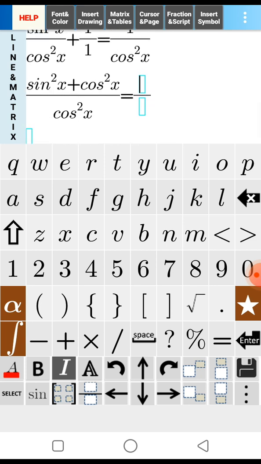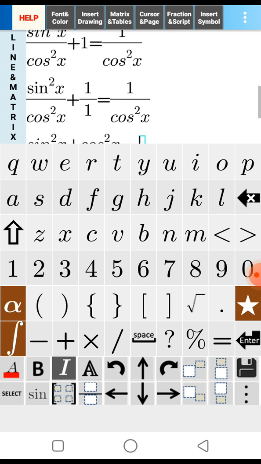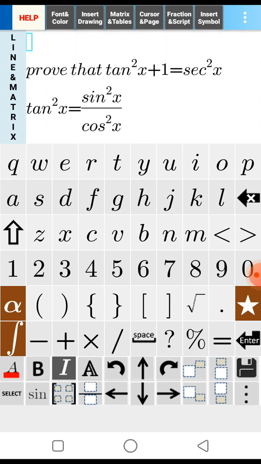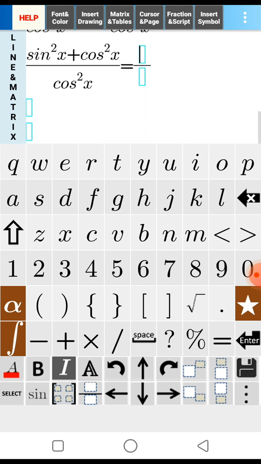As you can see, we have to do it until we find the final answer, where it will be equal to secant square x. All of these must be equal to 1 divided by cosine square x. That is the question we are required to prove.